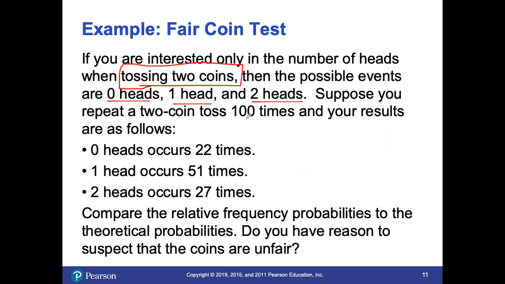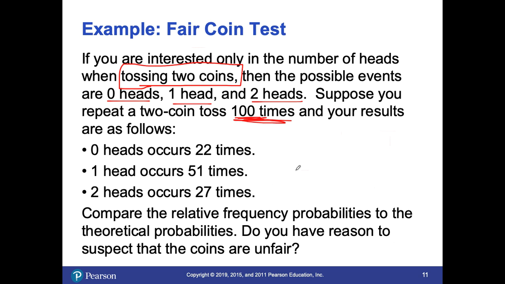But let's just hypothetically say you were bored on some Saturday afternoon and you decided to toss 2 coins. You decided to do it 100 times. So let's say 0 heads occurs 22 times, 1 head occurs 51 times, 2 heads occurs 27 times. Okay, so I'm going to compare relative frequency to theoretical probabilities.